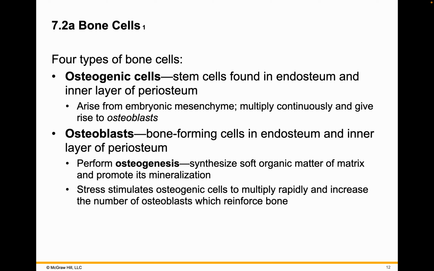It has the ability to do osteogenesis, which is to synthesize the soft organic matter of the matrix and promote its mineralization. Stresses stimulate osteogenic cells to multiply rapidly and increase the number of osteoblasts, which will reinforce bones in that area where stress is occurring.